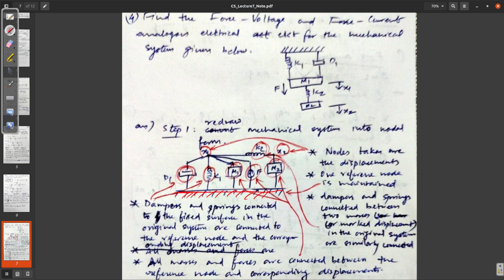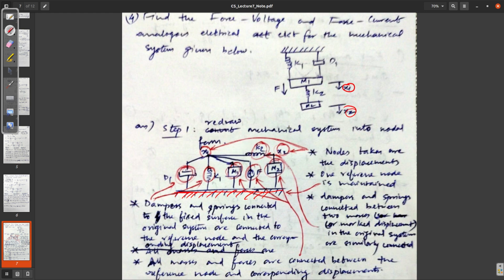We attach all the masses and forces to the reference surface. Then we have 2 nodes. Why? Because we have 2 displacements. If it was a rotational system, we would have considered 2 nodes if there were 2 thetas, that is, 2 angular displacements.